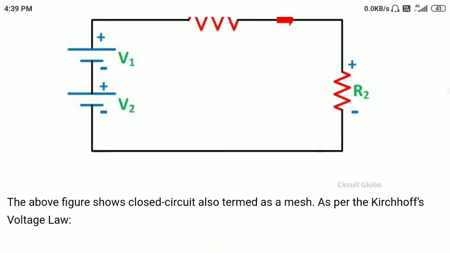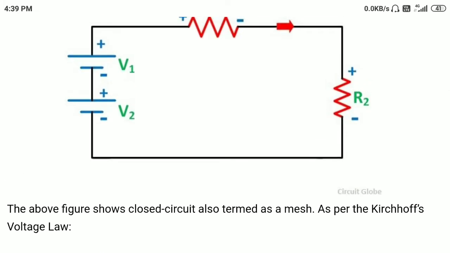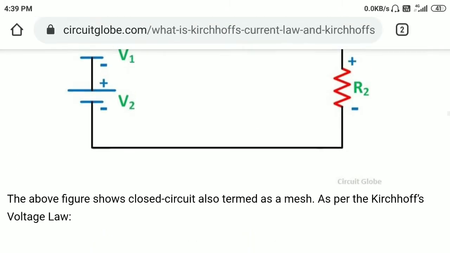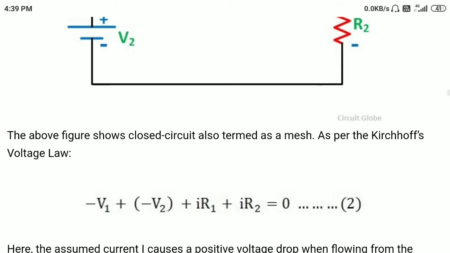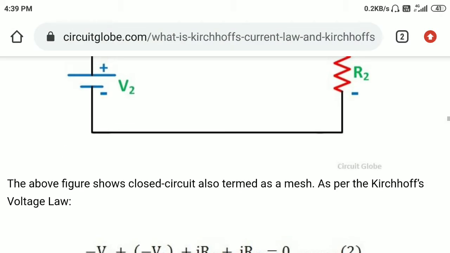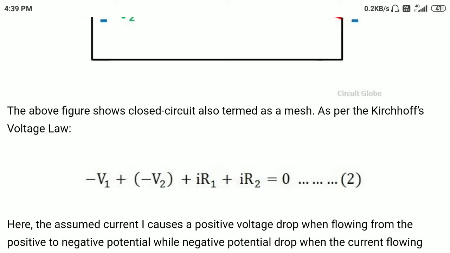The above figure shows a closed circuit, also termed a mesh. As per Kirchhoff's voltage law, minus V1 and minus V2 for the sources, plus IR1 plus IR2 is equal to 0.